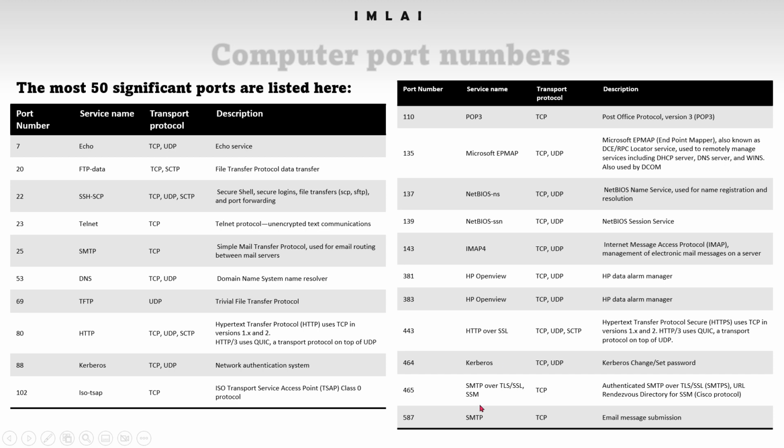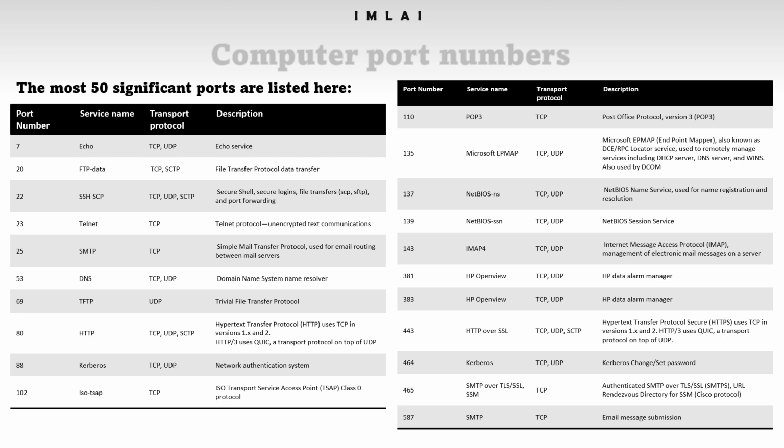Then we have Kerberos, which is used to change or set the password, and the port number for this is 464, with TCP and UDP as the transport protocols. Then we have SMTP over TLS or SSL, authenticated SMTP over TLS or SSL.